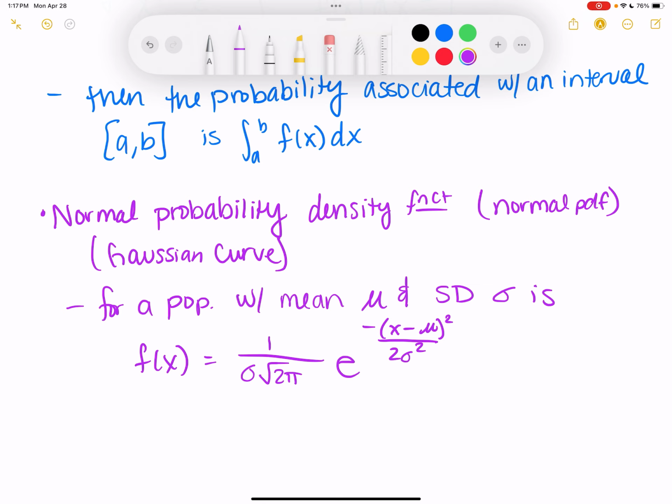Is that 1 over sigma root 2 pi, or square root of 2 pi? It's the square root of 2 pi. Okay. We know the 68, 95, 99.7 rule for a normal distribution.